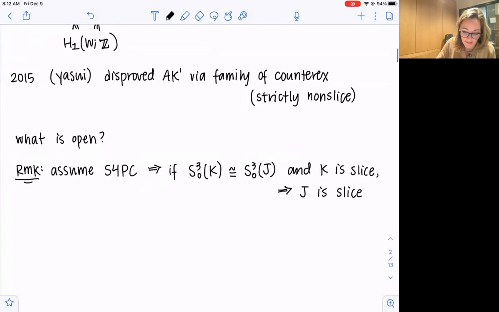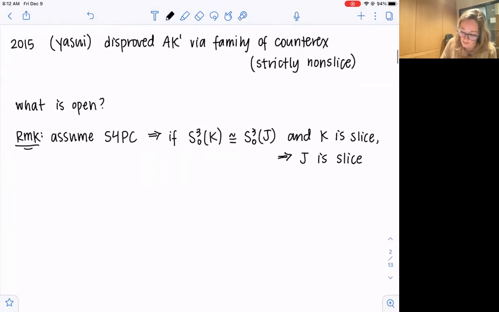So what we will ask instead is a slightly weaker condition. This is our question today.